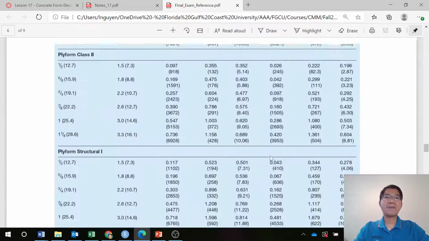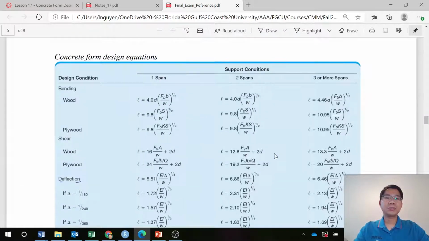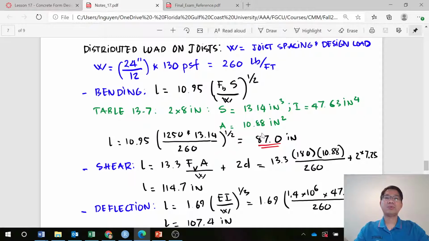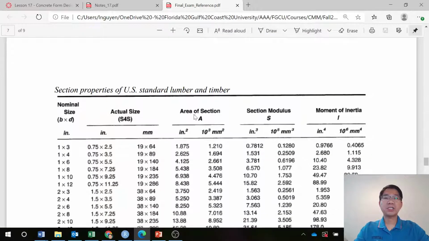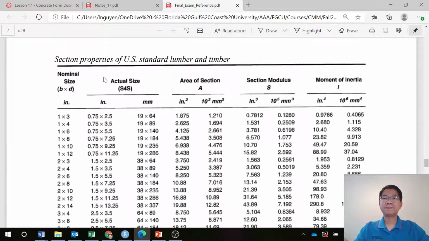With that, you can use the second equation as well, and I think I'm going to use that equation, the one with the section modulus. So you go to Table 13.7, which is down on page 7 of your final exam reference.